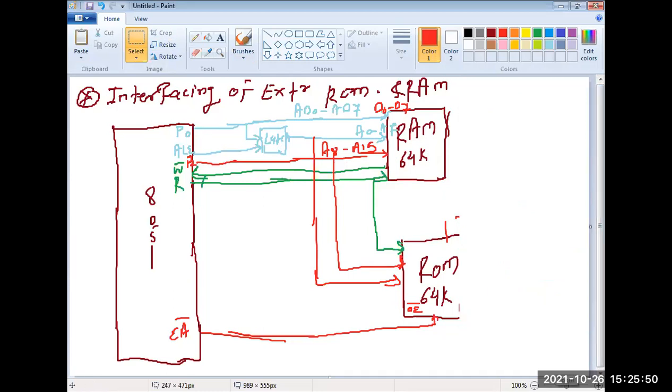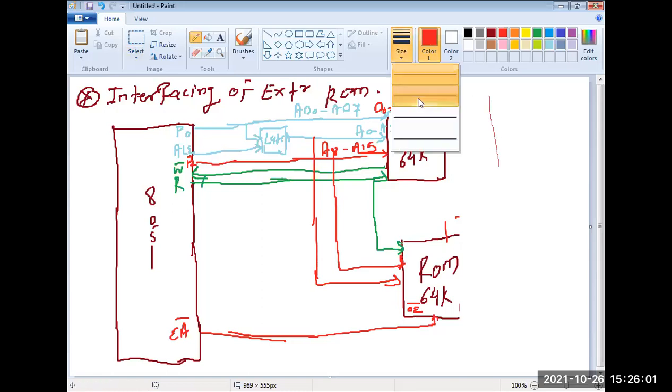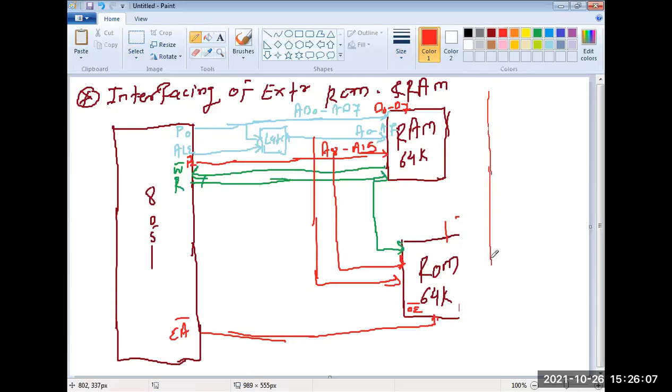Okay, so normally what happens? The memory location is what? We have a lookup table like this. Like this, we have blocks inside the memory.